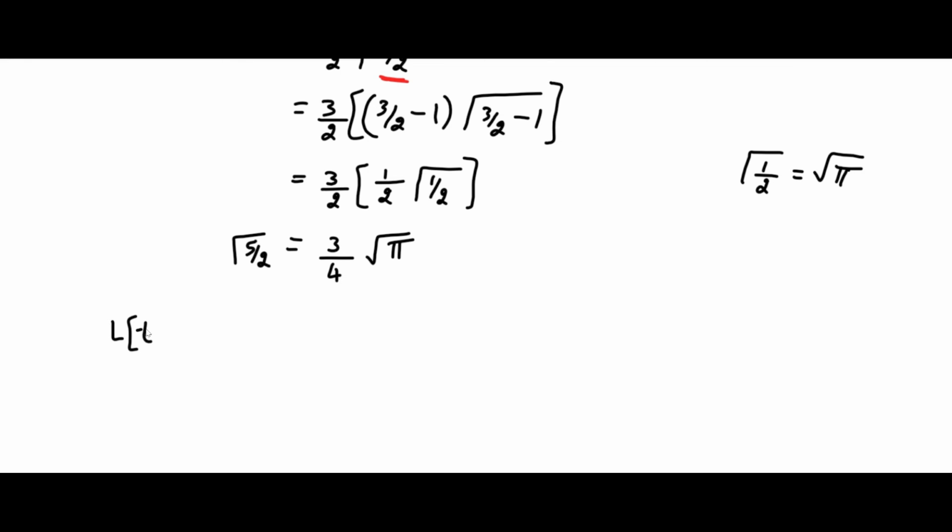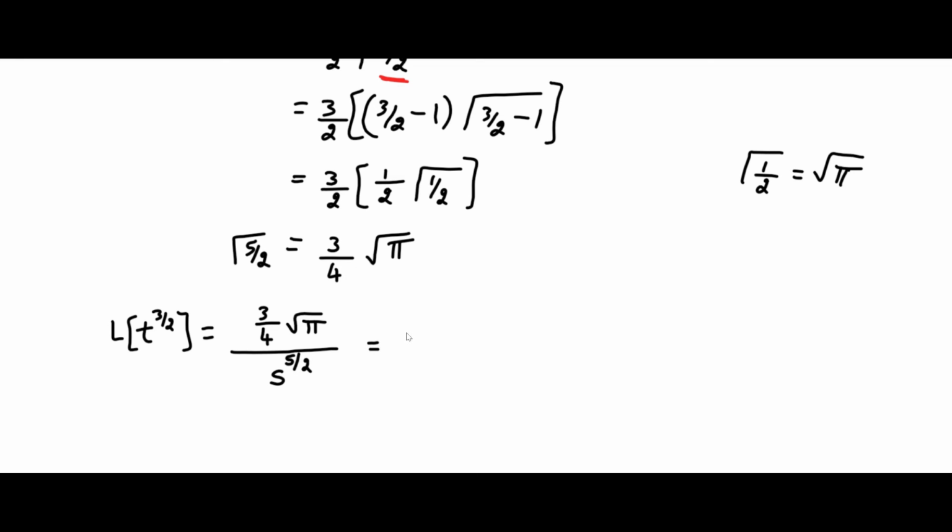So the Laplace transform of t power of 3 by 2 will be equal to gamma of 5 by 2, which is 3 by 4 times square root of pi, whole divided by s power of 5 by 2.